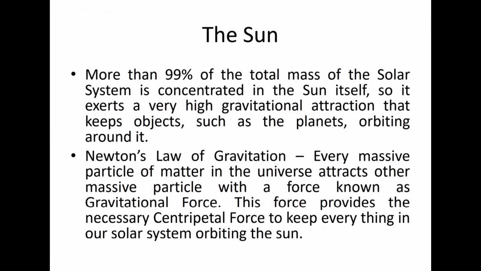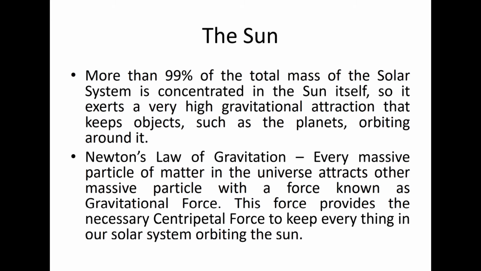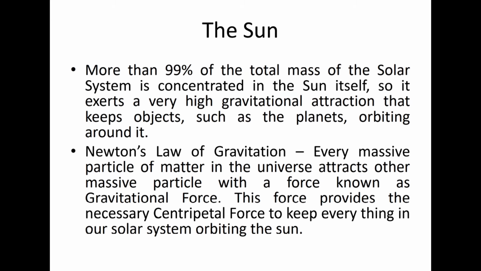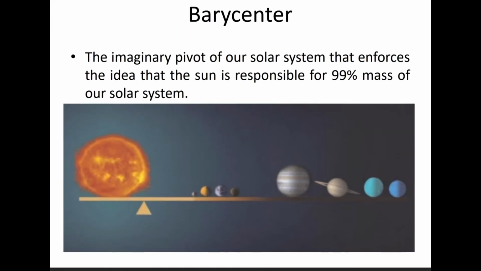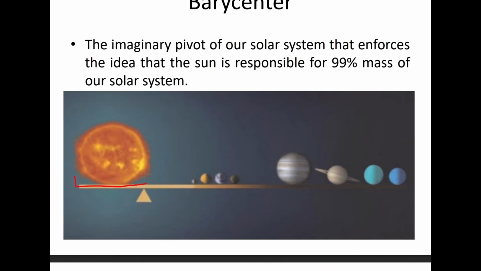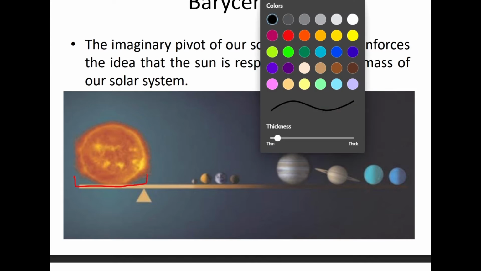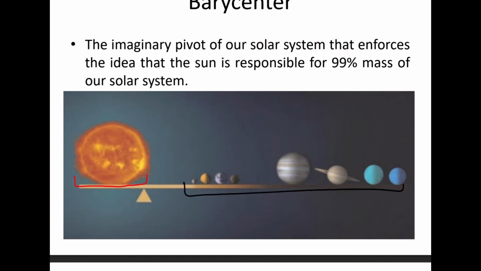Now the sun, we discussed this in the nuclear reactions as well. 99% of the mass of the solar system combined is actually concentrated in the sun. What does that mean? It means that if I were to place the sun on one side and the rest of the solar system on the other side, this still has 99% mass of the whole system.